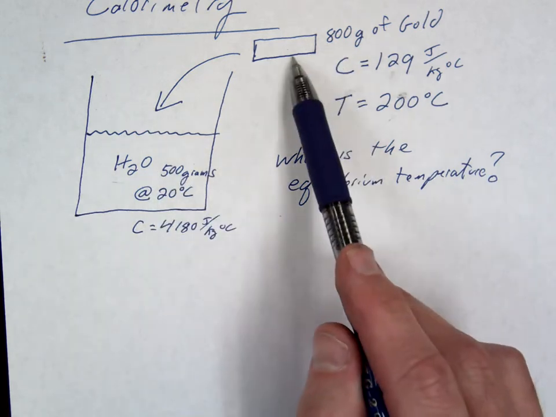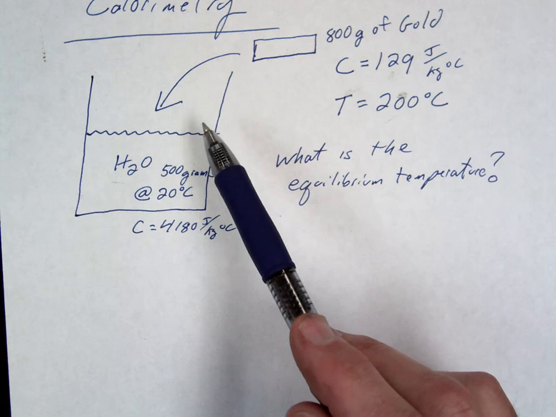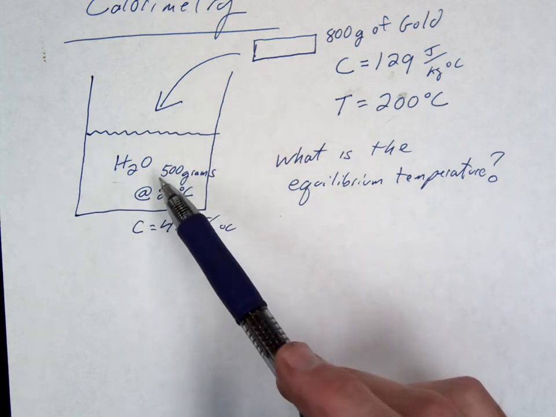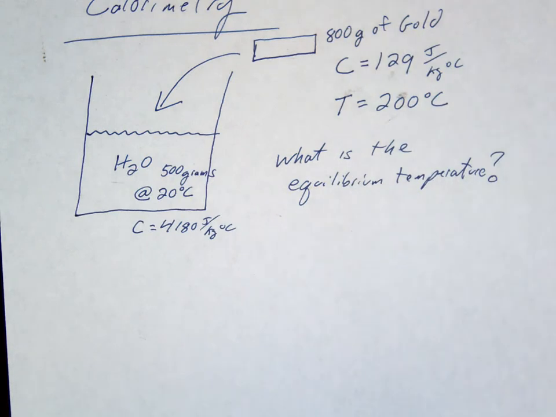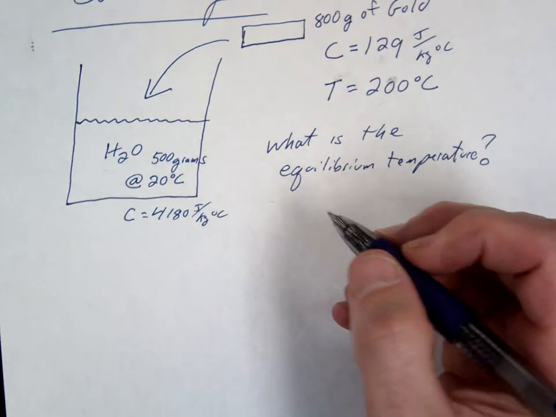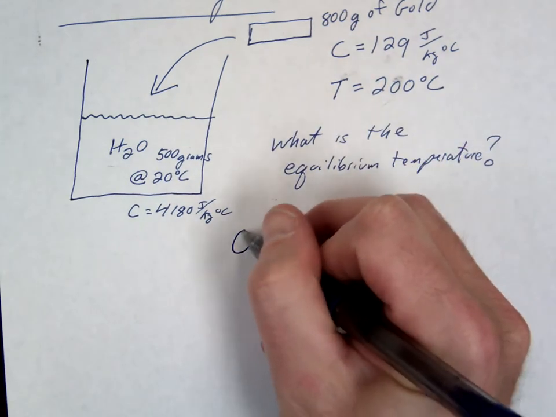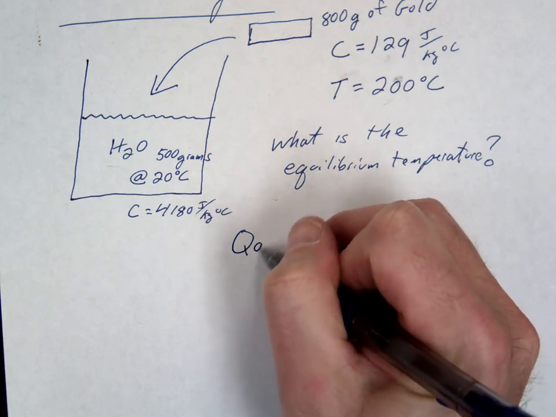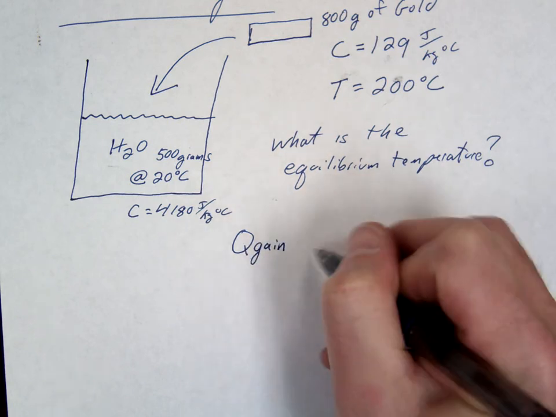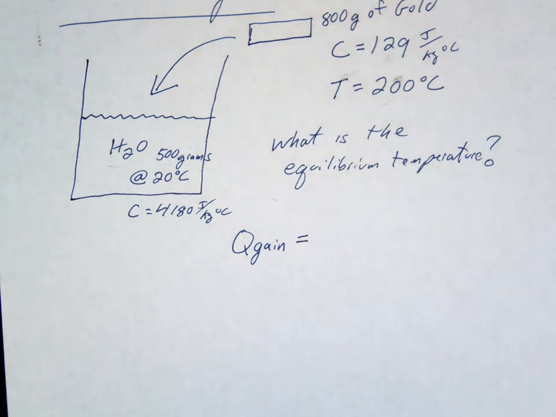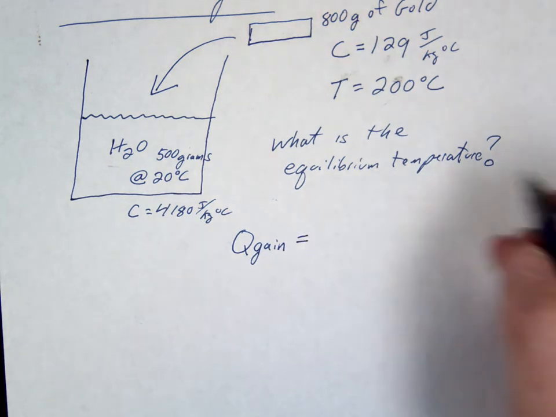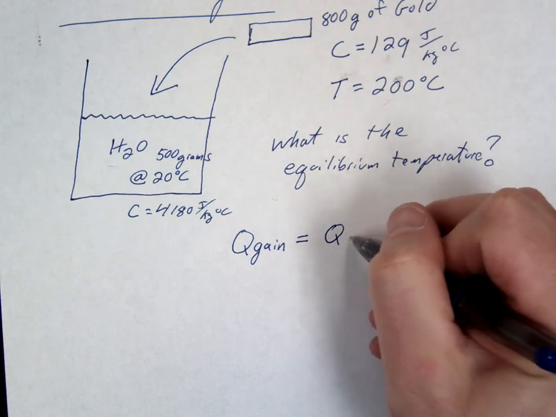And if the gold lost 1,000 joules of energy, how much energy should the water gain? 1,000 joules of energy, right? So this is conservation of energy, and so that's how we're going to use it. So we're going to phrase it like this, though. We're going to say the Q gained should equal the Q loss.